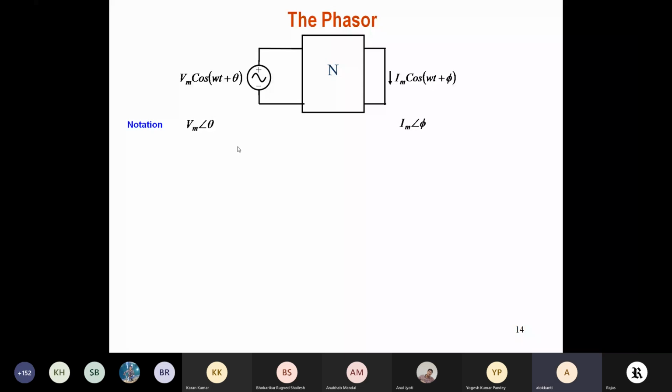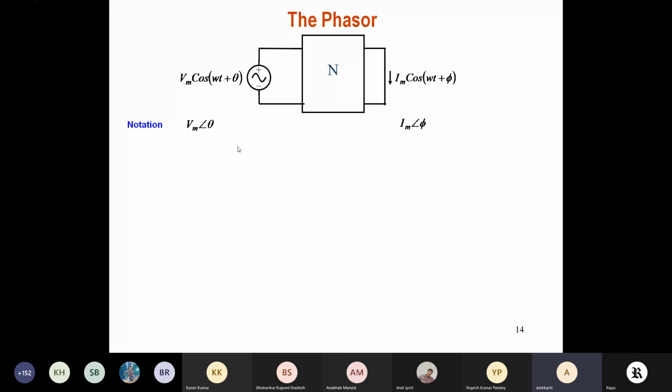We have seen how this can also be represented. Cos omega t plus theta can be written as the real part of e to the power j omega t plus theta. But at the end of the day, the AC input that is going is Vm cos omega t plus theta, which is producing a current Im cos omega t plus phi.